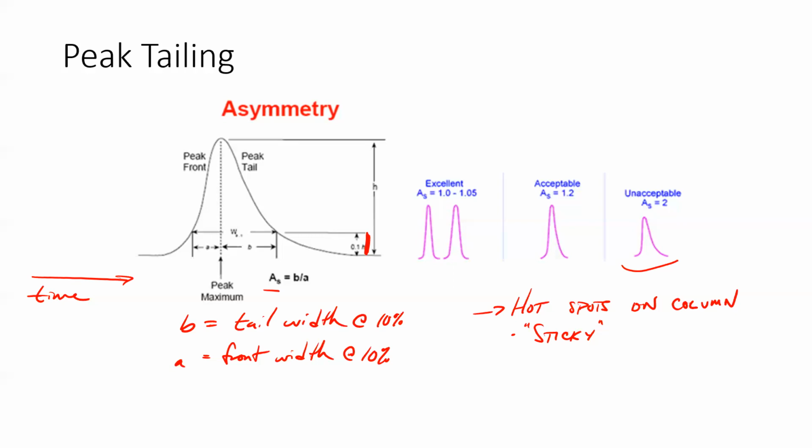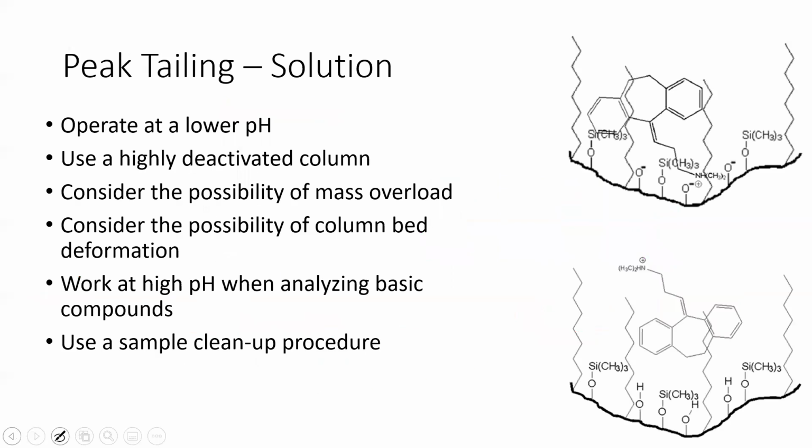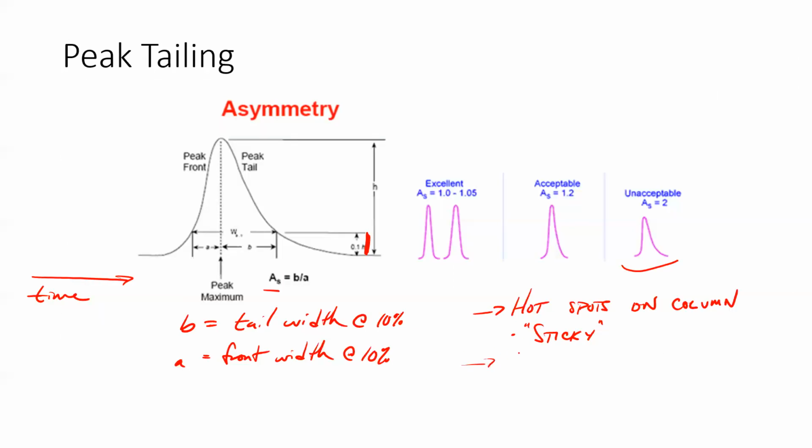And so we could have reactions that are happening on the column, interferences from previous analyte, interferences, reactions.